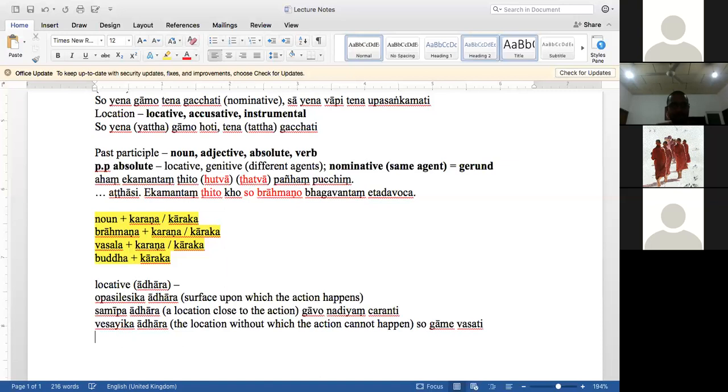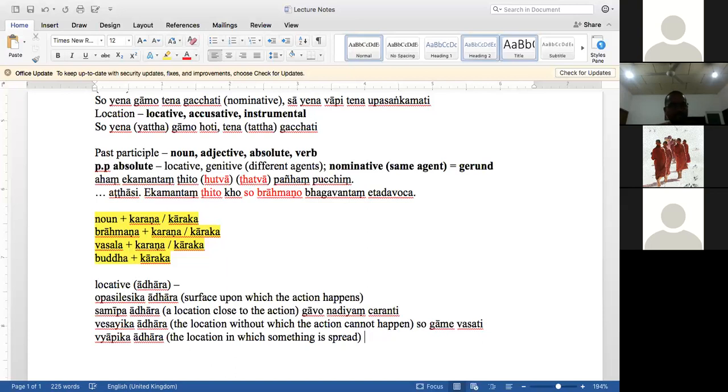The last one is called Vyapika. Vyapika Adhara means the location in which something is spread, like something spread completely over a certain thing.